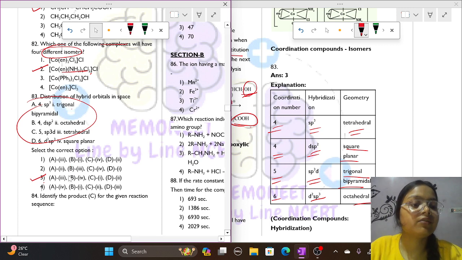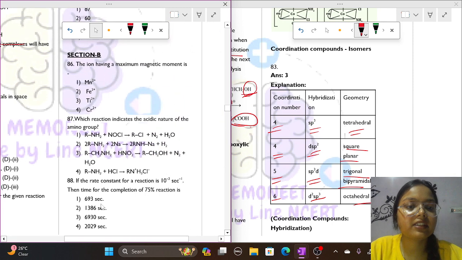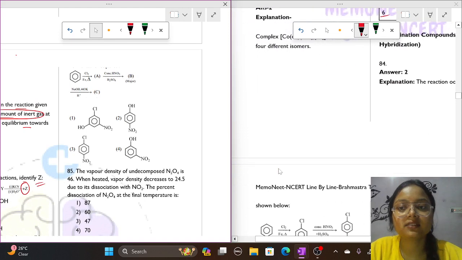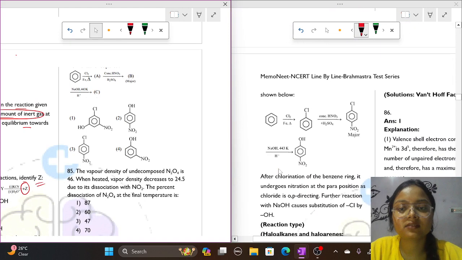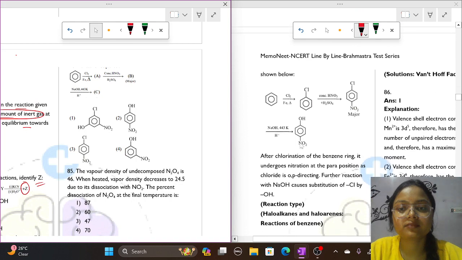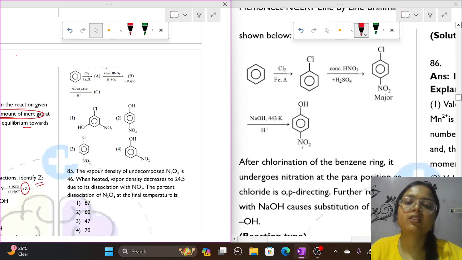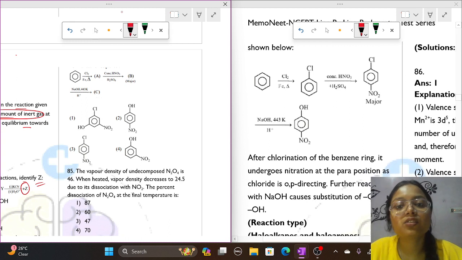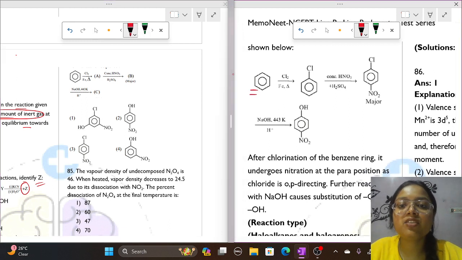For question number 84, identify the product C for the given sequence. So benzene on reaction with chlorine and iron and heating, we will get chlorobenzene.